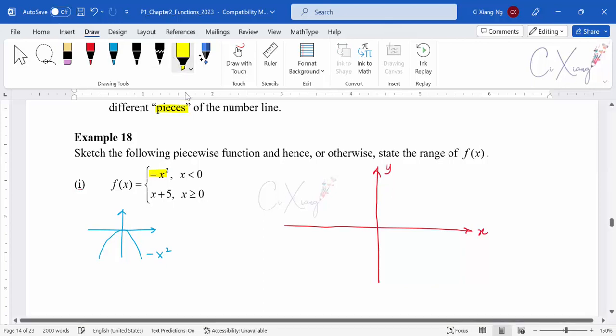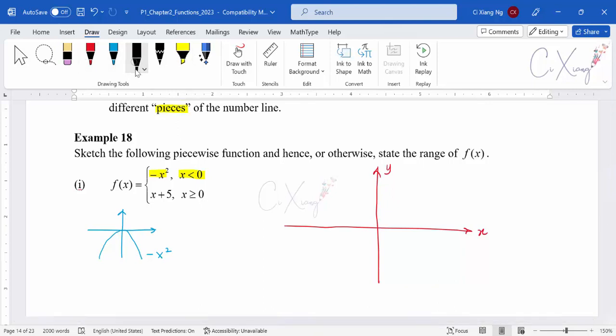But for the domain given here, we only want negative x squared when x is smaller than 0. So where is our x smaller than 0? This part of the graph, the left hand side, happens when x is smaller than 0, so I only want to consider this part.